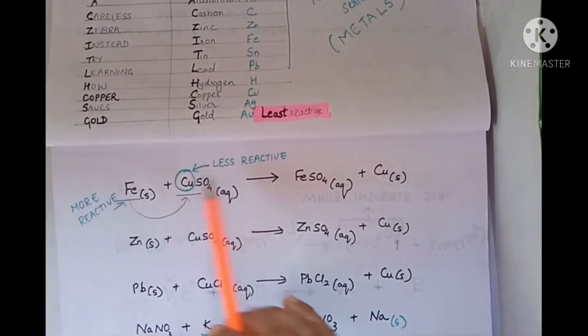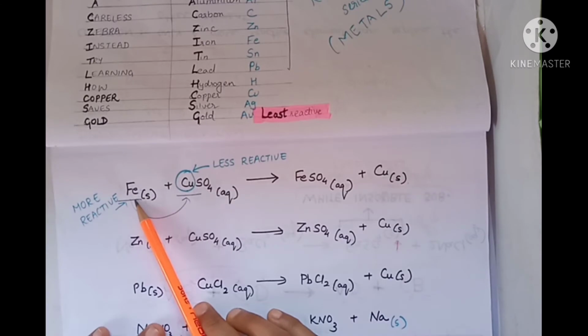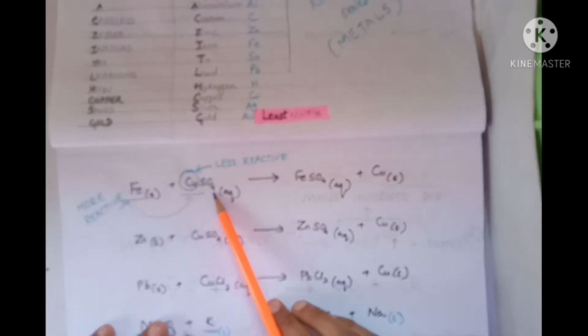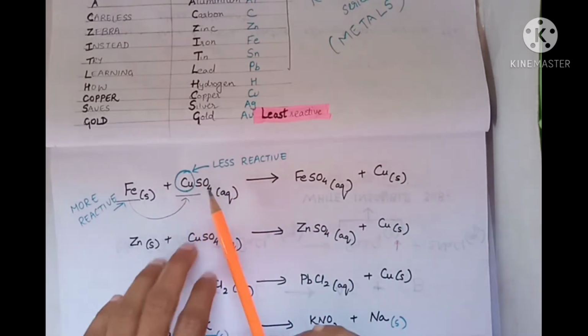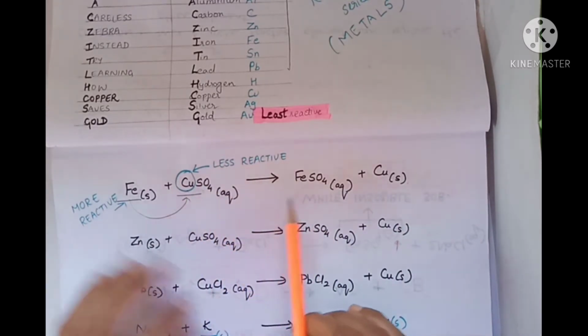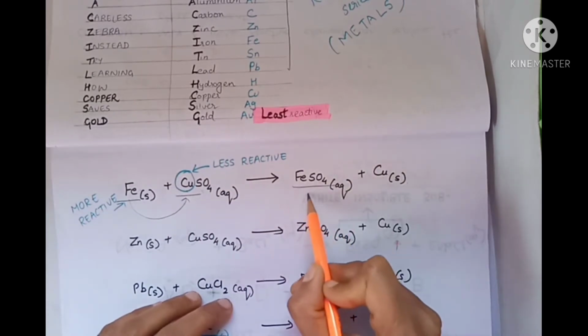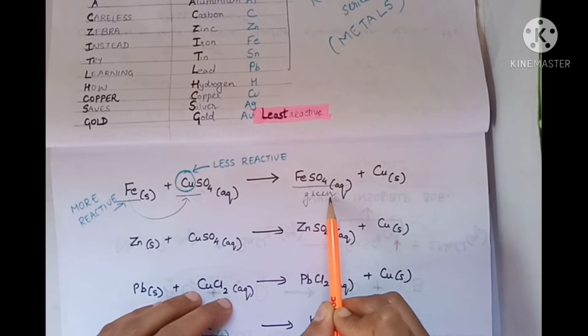Okay, so first equation, Fe, that is solid Fe, reacts with copper sulfate to give ferrous sulfate and copper. Okay, so copper sulfate is a blue colored solution. As the reaction completes, it will be converted to a green colored or a light green colored solution.